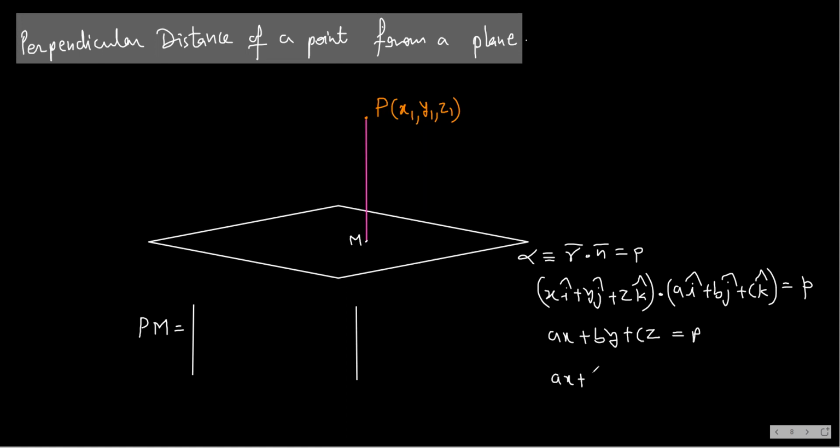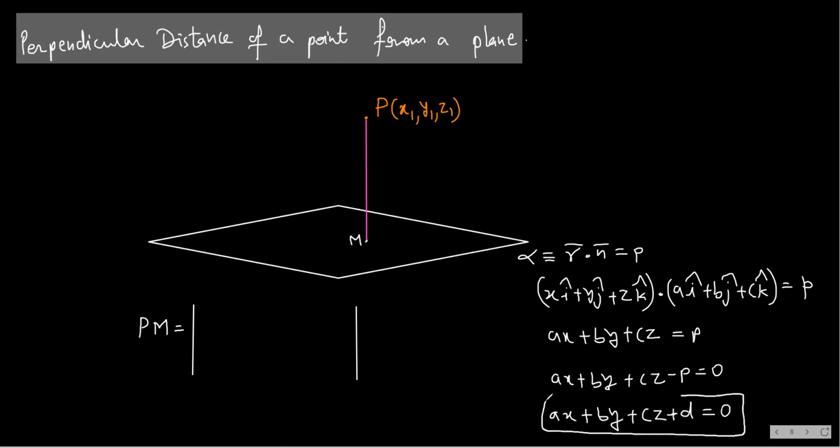So this is ax plus by plus cz minus p equal to 0. I can replace minus p by plus d, some other constant. So ax plus by plus cz plus d is equal to 0. See, this is the equation of a plane in general.